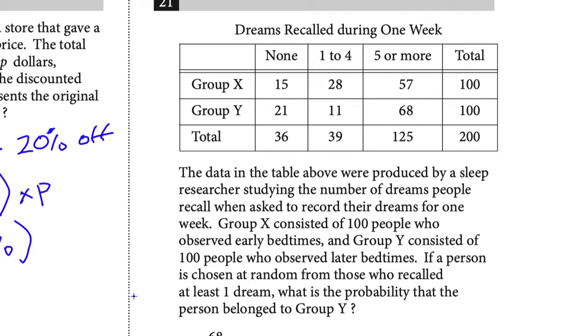Group X consisted of 100 people who observed early bedtime, and Group Y consisted of 100 people who observed later bedtime. If a person is chosen at random from those who recalled at least 1 dream, what is the probability that the person belonged to Group Y?